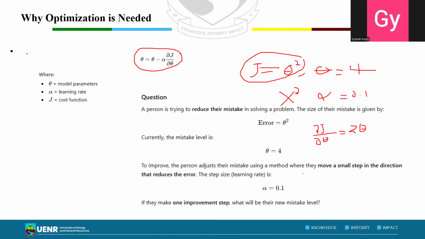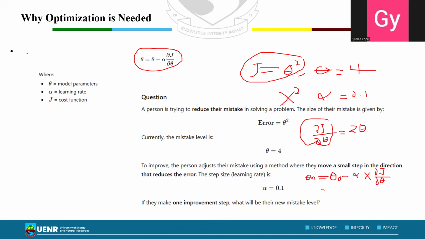But then we want to find our new error. So my new error, theta new, will always be given by theta old minus learning rate multiplied by the whole of this, which is dJ divided by d theta.